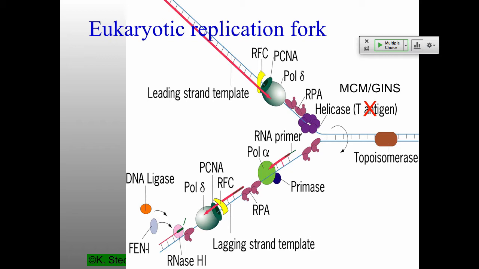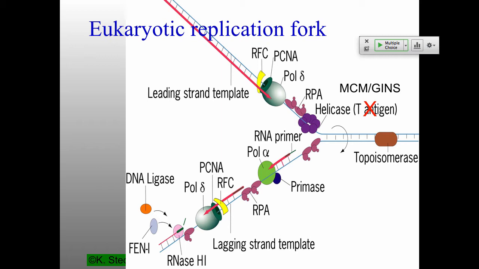So we already talked about PCNA versus the sliding clamp. Of course, it's proliferating cell nuclear antigen, so it can't be in bacteria, which have no nuclei. Then we have a loader, which is the RFC complex. Not DNA polymerase 3, because again, we're not E. coli.